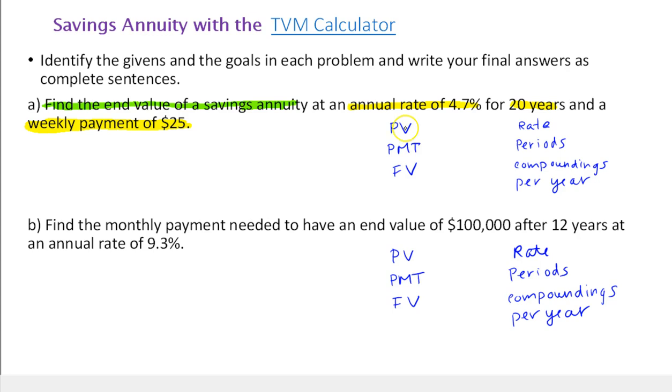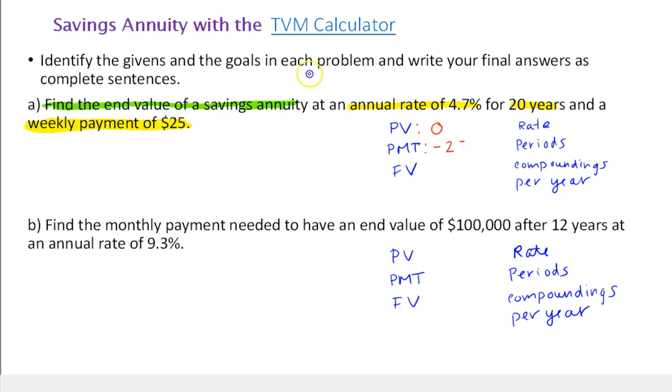PV stands for present value, then we have payment, future value, interest rate, periods, compoundings per year. With a savings annuity, you're initially not investing any money, so your account has $0. Now your payment is listed here. There's a weekly payment of $25, and we're going to record this as a negative value.